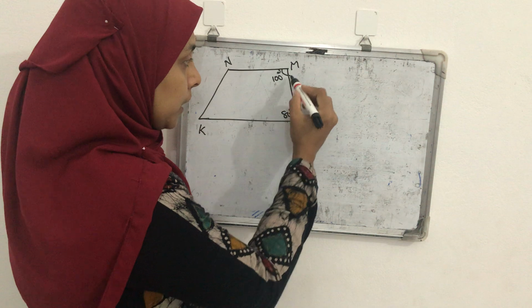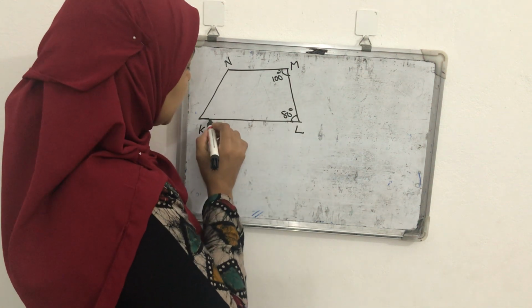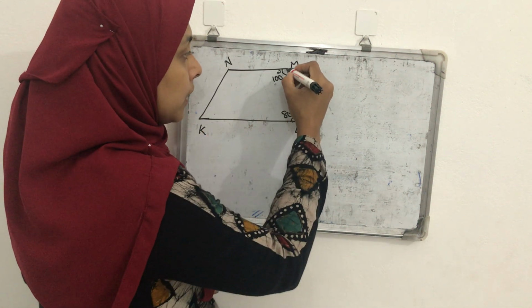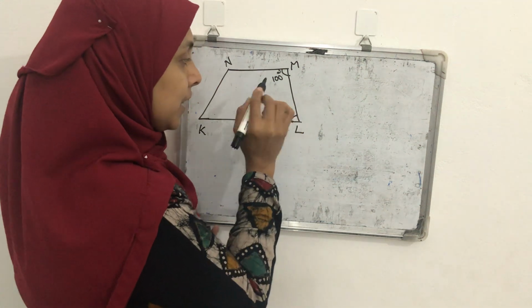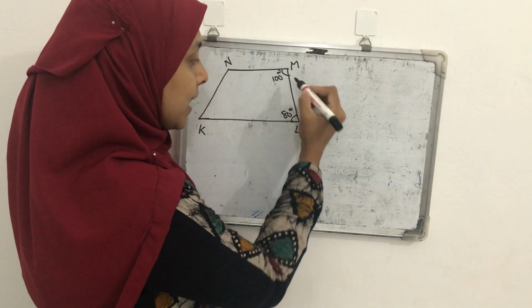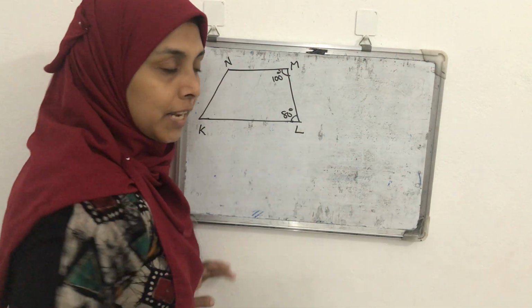Suppose it is parallel, then in this question it is given this angle is 100 degrees and this angle is 80 degrees.